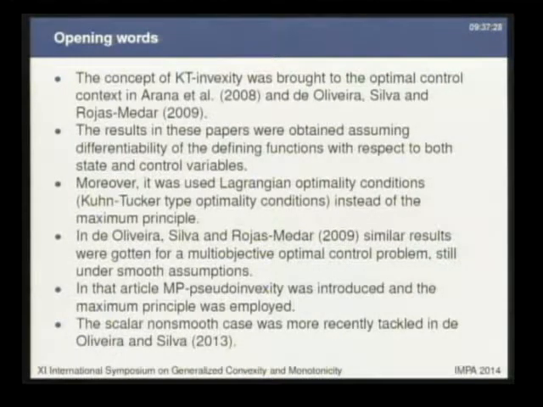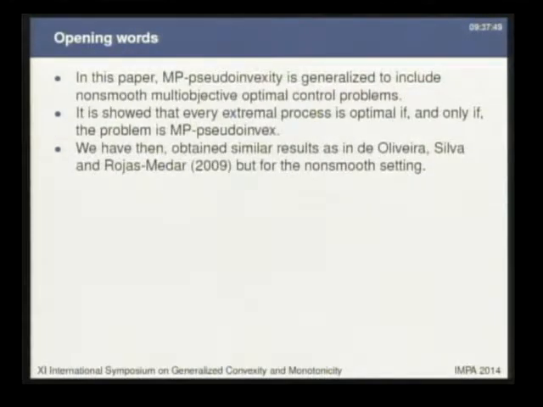This was for the smooth problems, and the non-smooth case was recently tackled in a paper last year. But the scalar case, now we generalized the results in this paper for the multi-objective problems, and that's what I'm going to show you now. We showed then that every extremal process is optimal if and only if the problem is MP pseudo-invex.